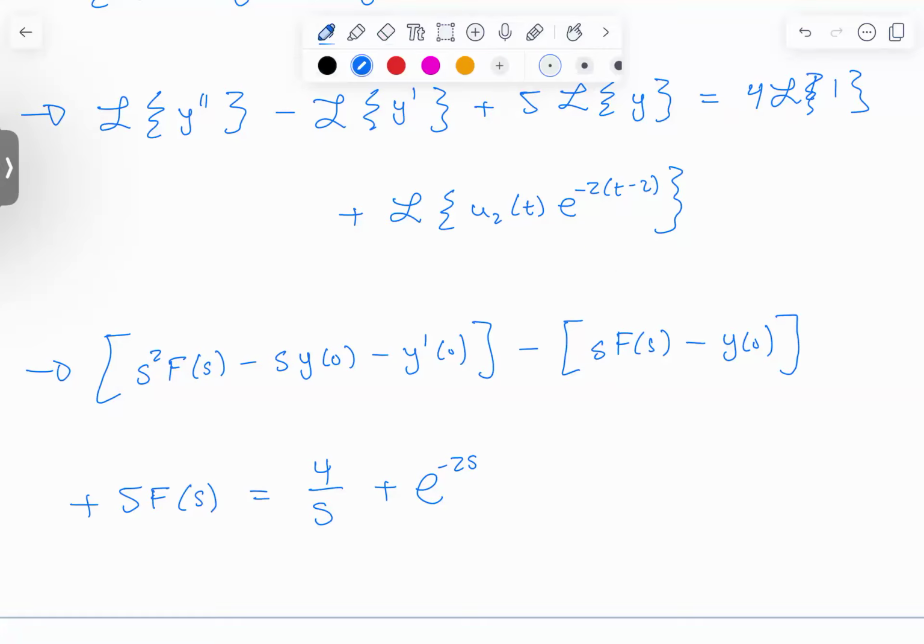Let's make a note here. f of t minus 2 is this guy, e to the negative 2 times t minus 2, which means f of t is e to the negative 2t, and that's just number 3. Number 3 with negative 2, which means that becomes s plus 2.